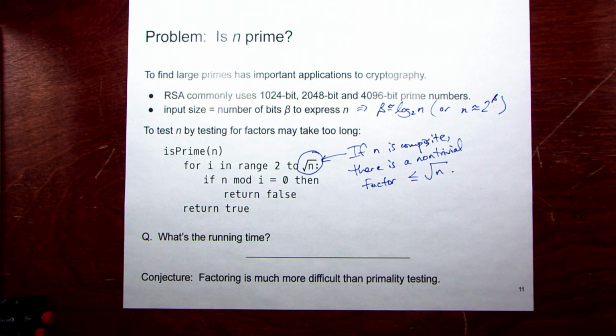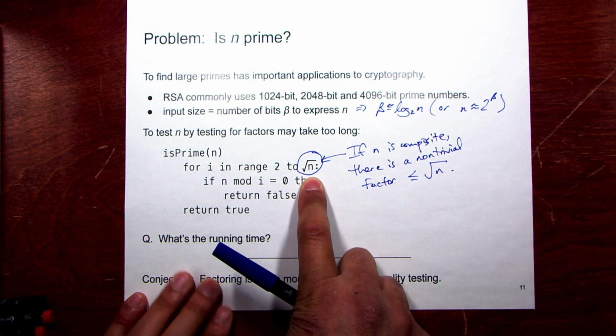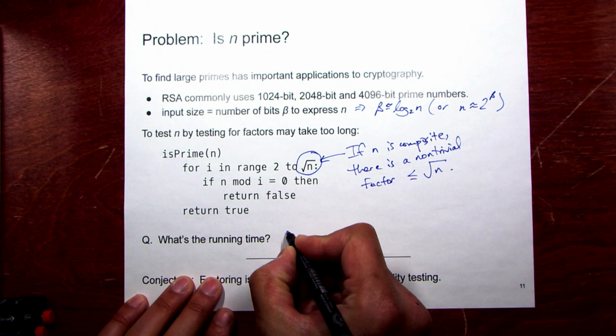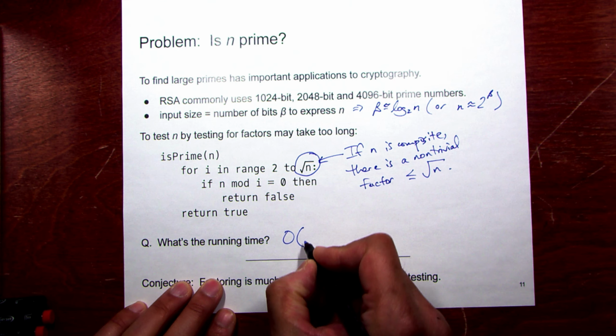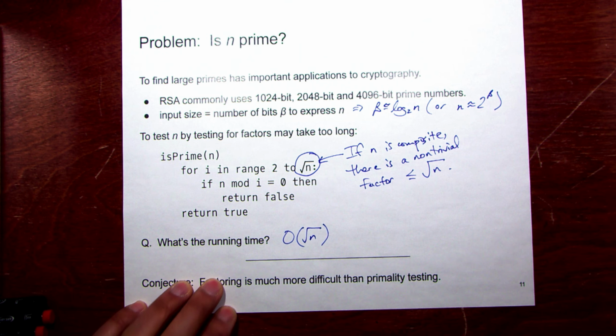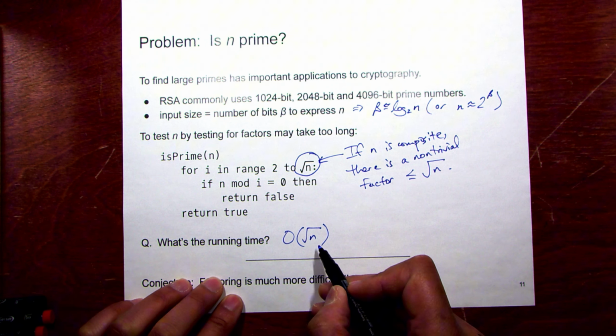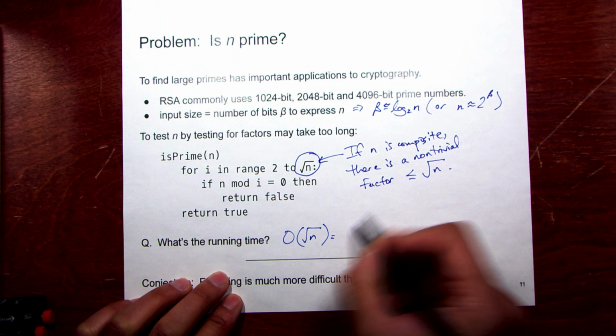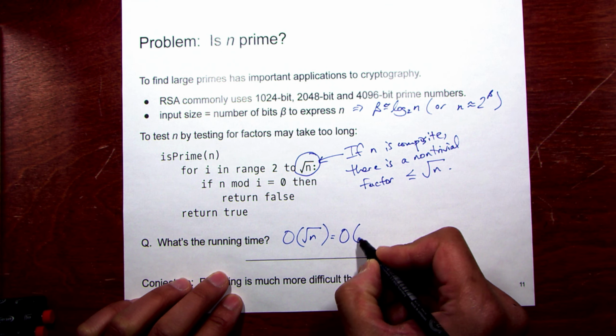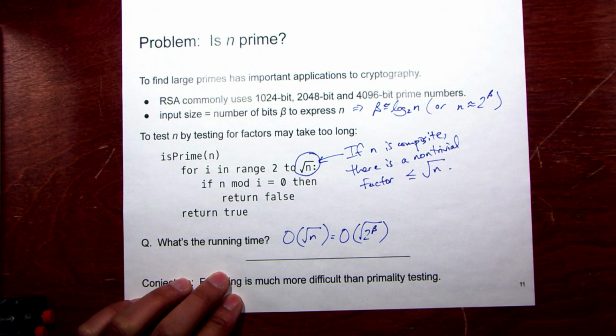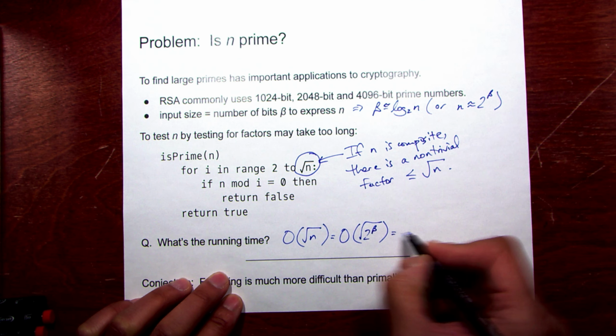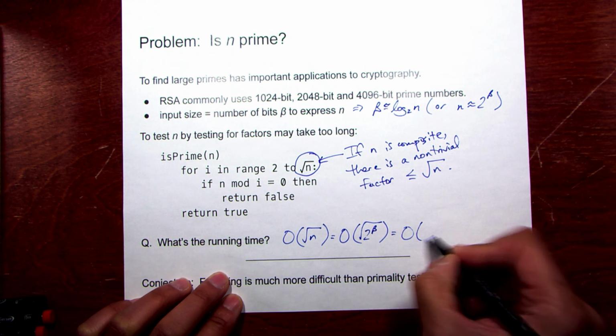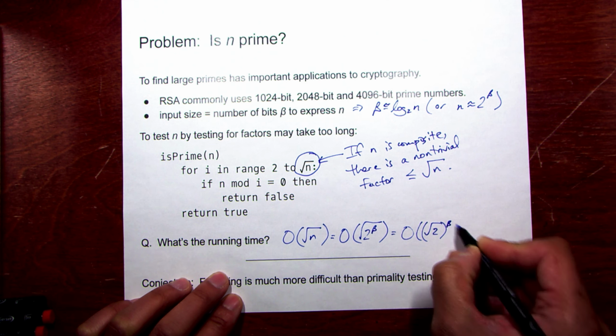So even with this nice optimization, the number of iterations to prove that n is prime, we have to check big O of root n of these things, and the input size is actually beta. So this is square root of 2 to the beta, and doing some power rearranging here, this is actually root 2 to the beta.